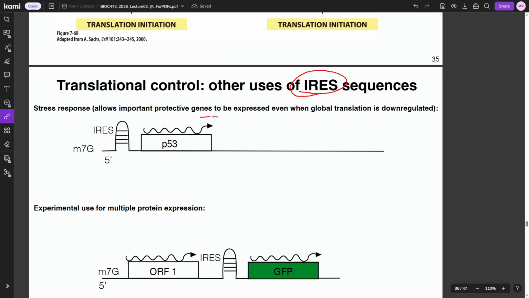For example, P53, a cancer-preventing gene, one of the most important cancer prevention genes, uses an IRES, so it's not super dependent on things like EIF2. So even under stress conditions, these things can still function very well.